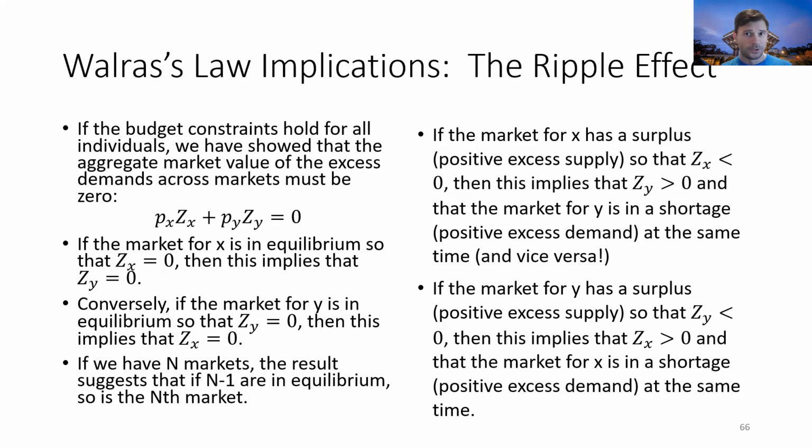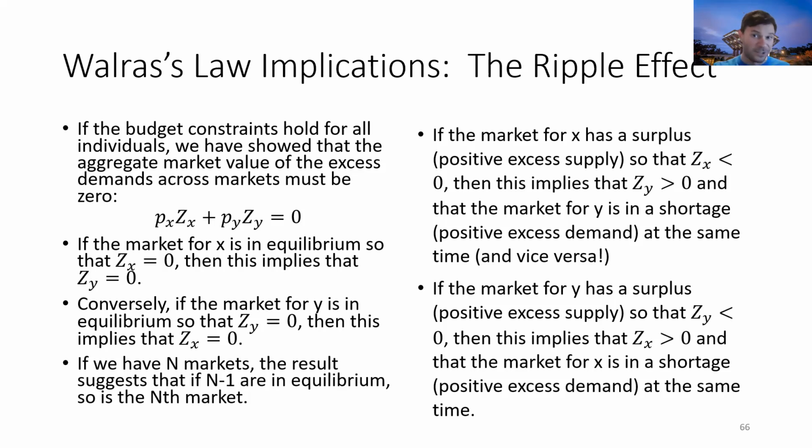So this Walras' law, the implications are, if I have two markets, if one of them is clearing in equilibrium, so is the other. If one is out of equilibrium, so is the other. If we have more than two markets, if one of them is out of equilibrium, then at least one other market must be out of equilibrium.